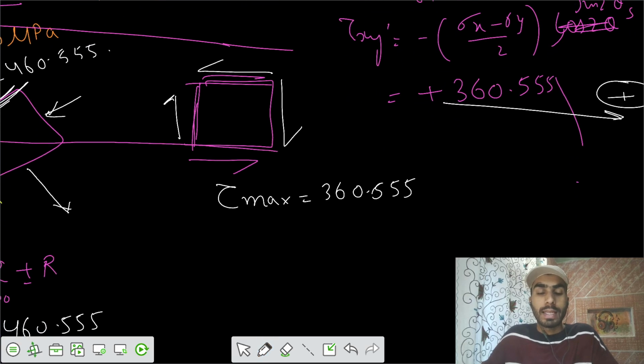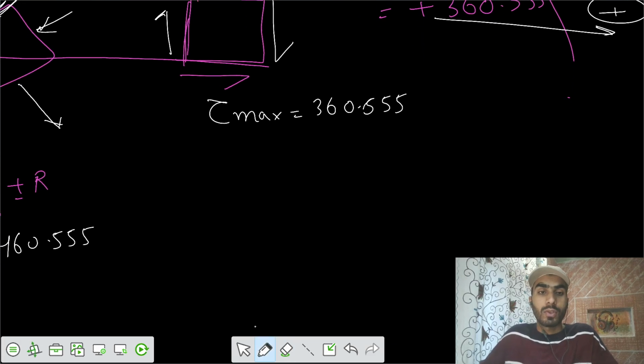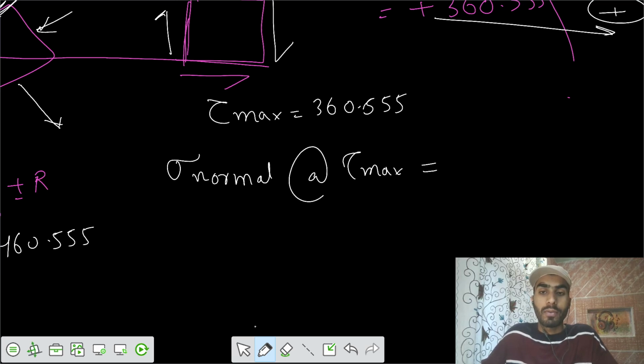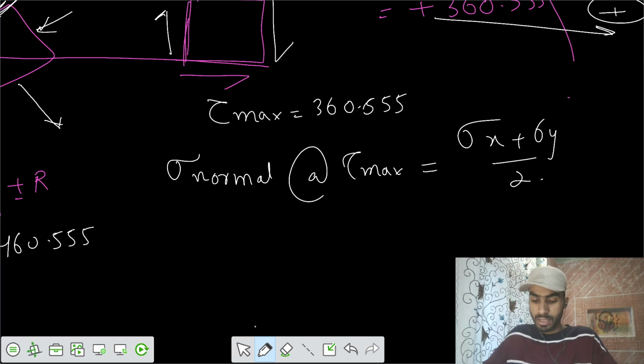Now we want to calculate the normal stress associated with the tau max plane. We have sigma x plus sigma y by 2, that is the center.